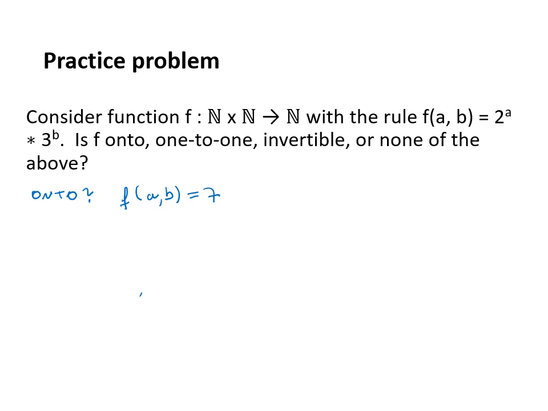Can f map to 7? That would mean that 2 to the power of A times 3 to the power of B should be equal to 7. And that is not possible because 7 is divisible only by 1 and 7. So f is not onto.